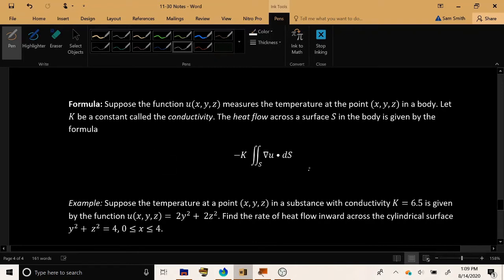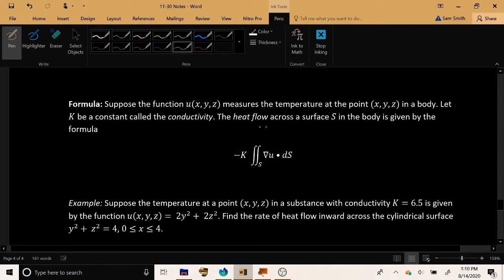So let's consider this formula. It says if we have a function u of x, y, and z, which tells you the temperature at a point x, y, z in some body of perhaps water or a solid body, let k be a constant which is called the conductivity.